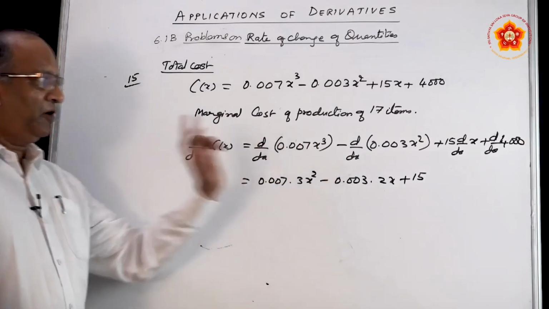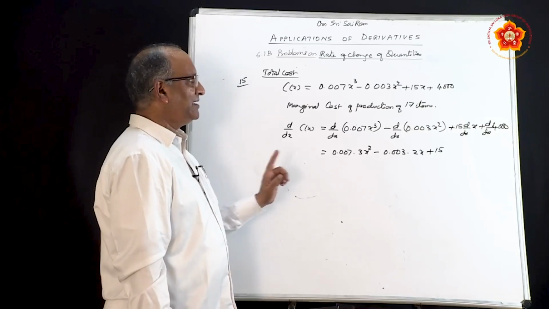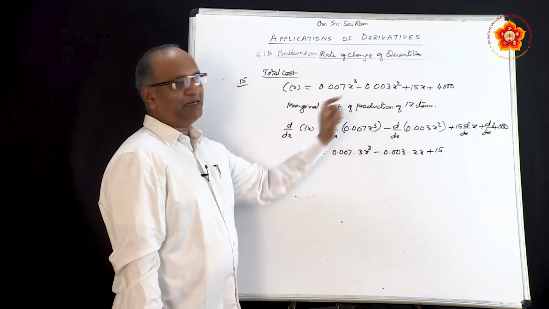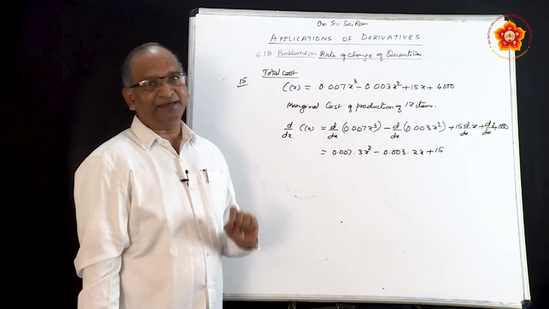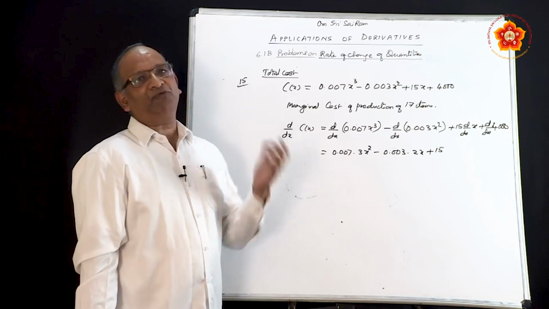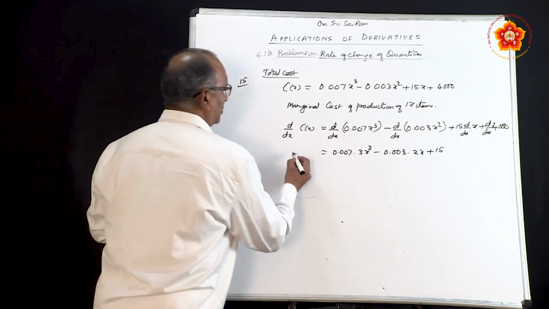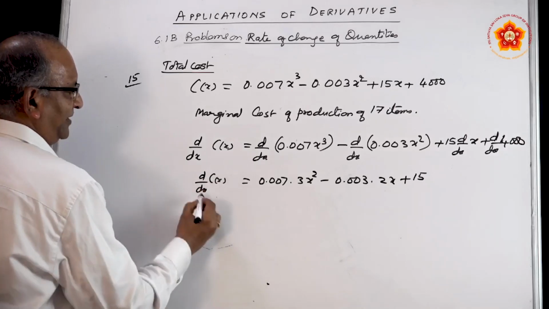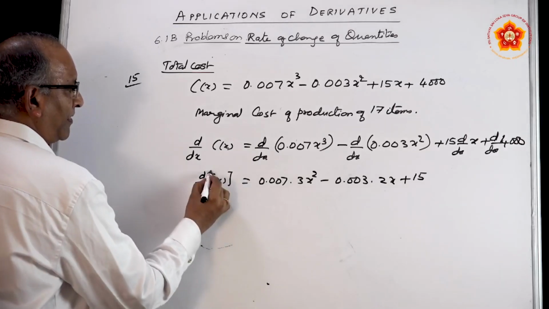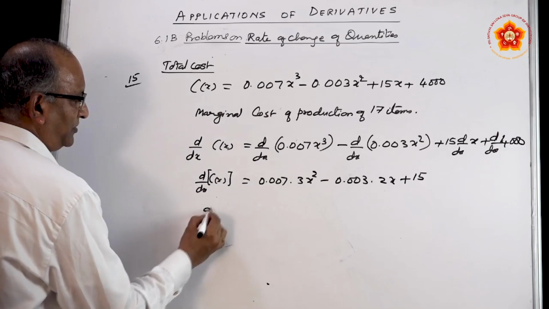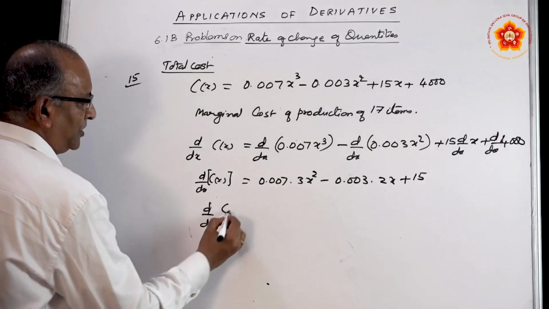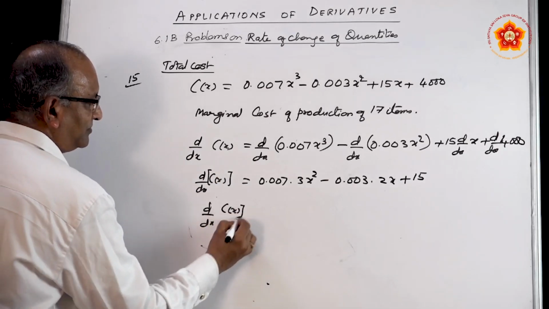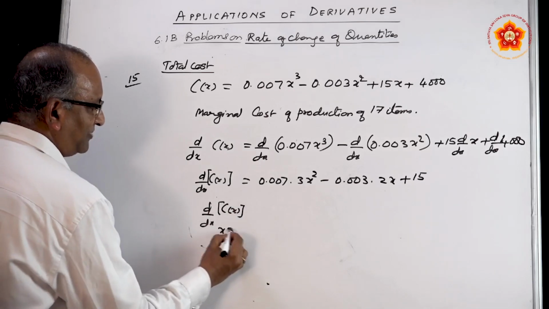In order to find this, he has given that the number of items produced is 17. When it is 17, you find out, that is what he says. So d dx of C of x, which he has given, we want to find out when x is equal to 17.